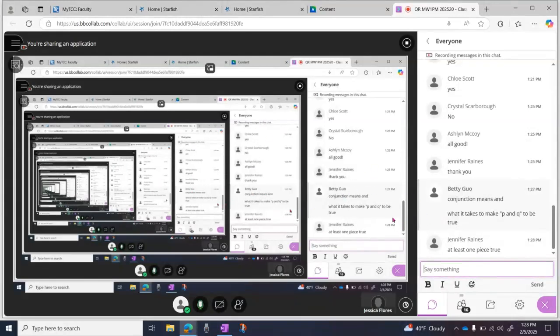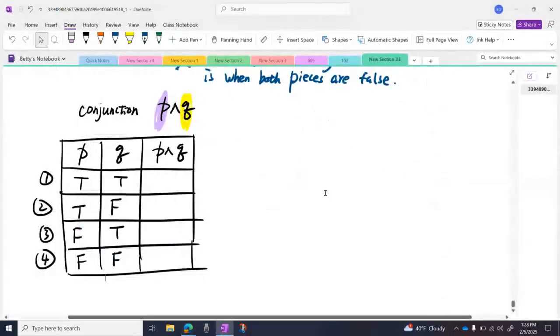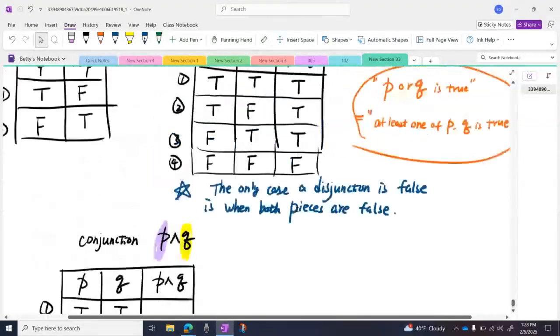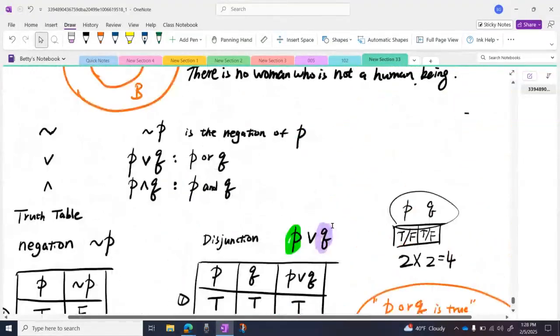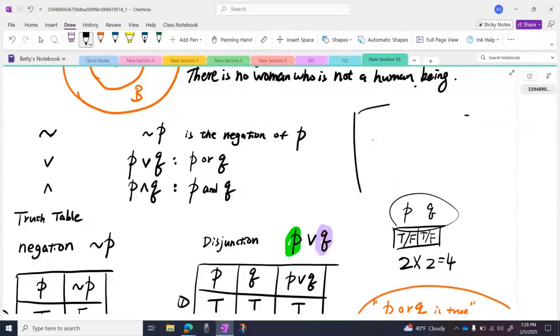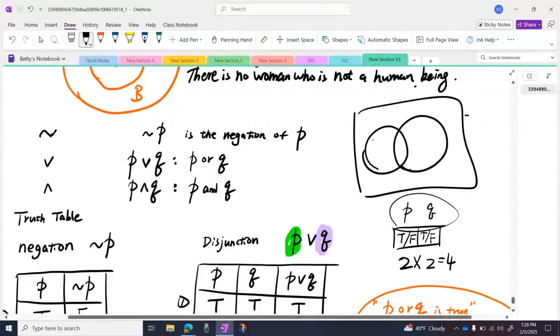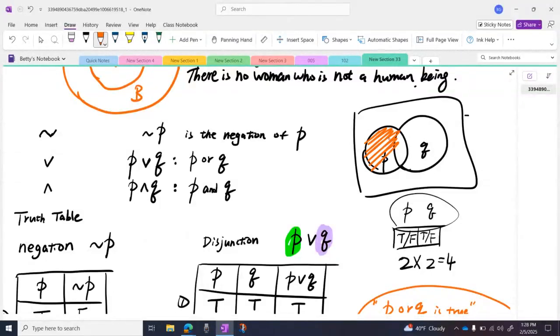At least one is true is for disjunction, because that means "or." Do you guys remember the set theory in chapter 2? When we talk about "or," let's say this is P, this is Q. Or means this region, at least one of the regions.